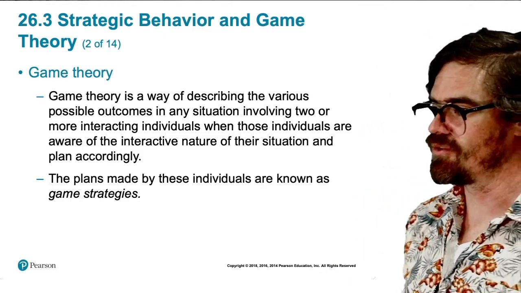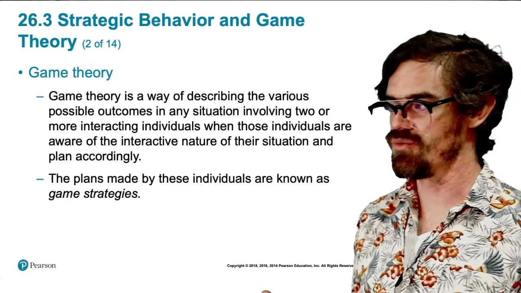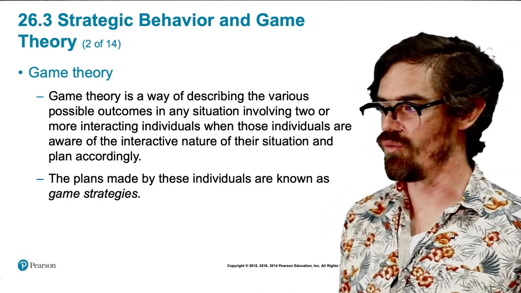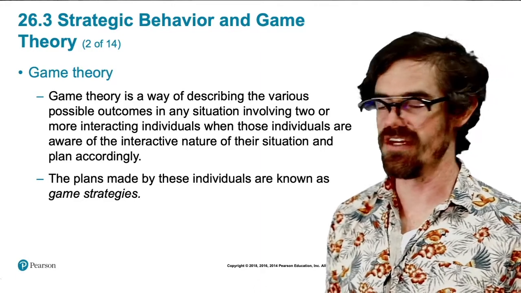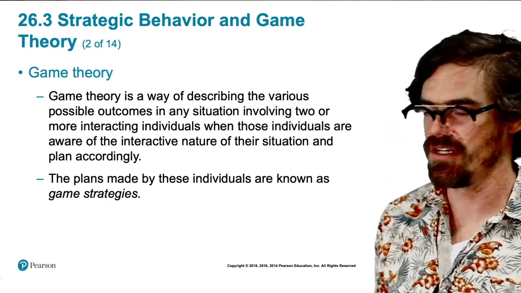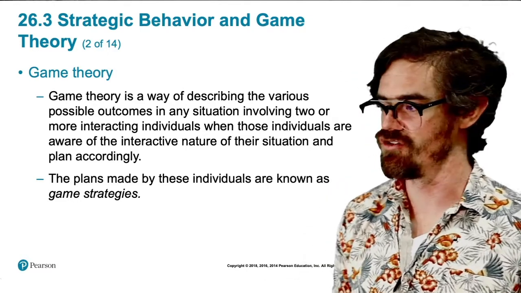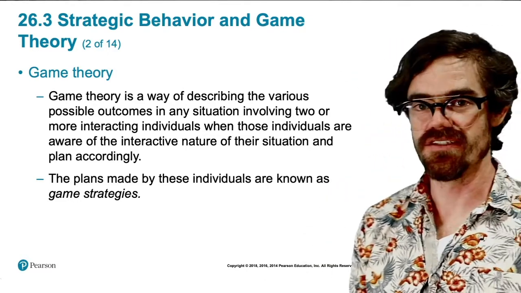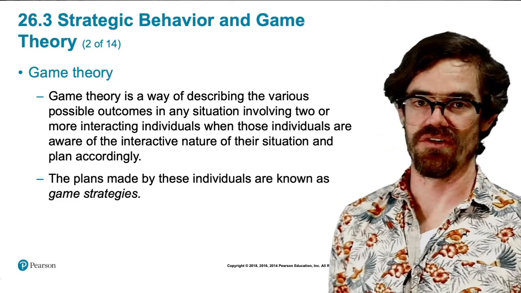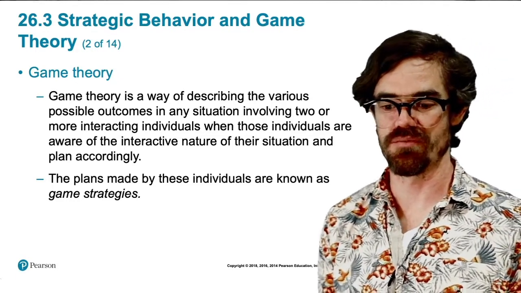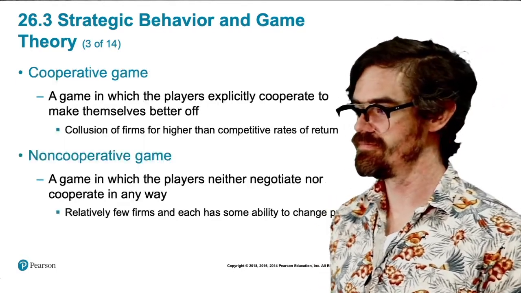So game theory is a way of describing the various possible outcomes in any situation involving two or more interacting individuals when those individuals are aware of the interactive nature of their situation and they make plans accordingly according to some reaction function. And the plans that are made by these individuals are known as game strategies. So the reaction function is providing the individuals with their strategies.